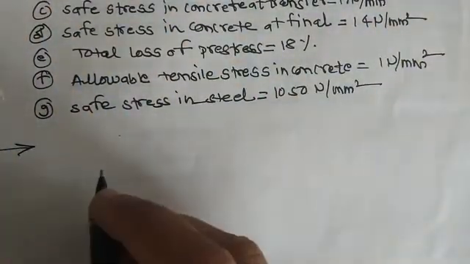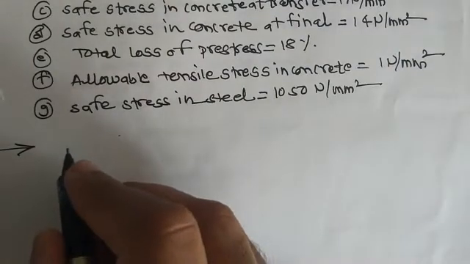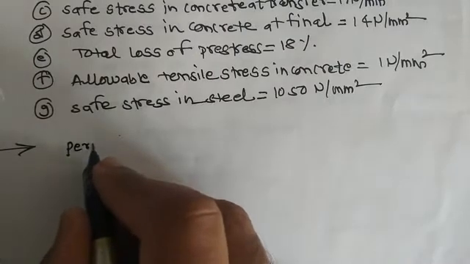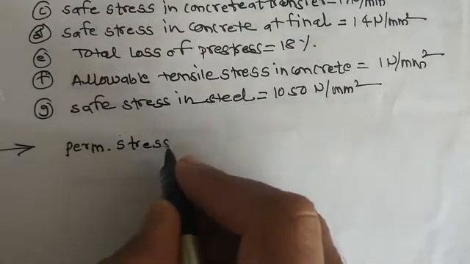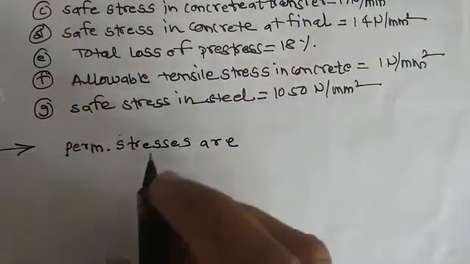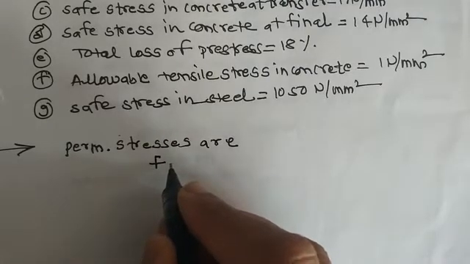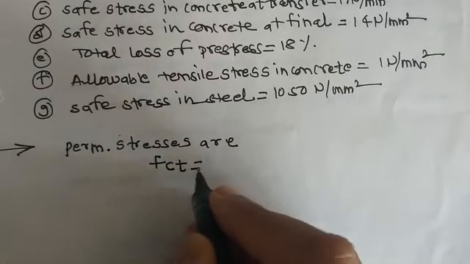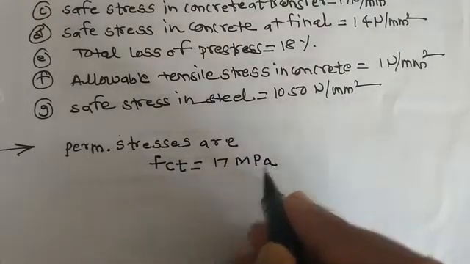Let us list out the given data. So the given permissible stresses are: safe stress of compressive nature in transfer loading condition is 17 Newton per mm square, 17 megapascal.